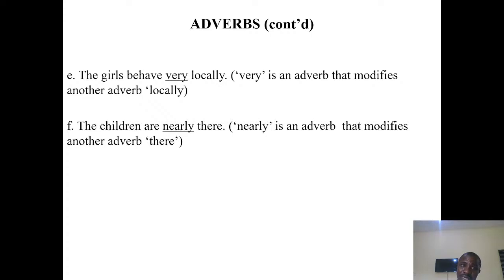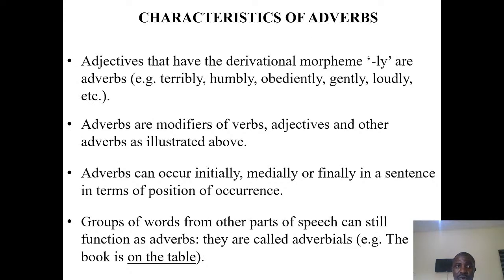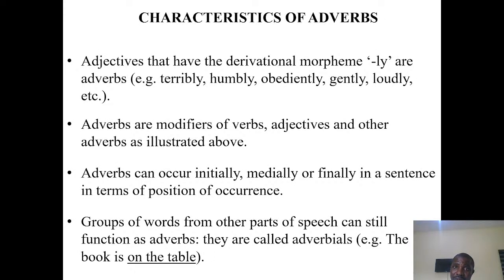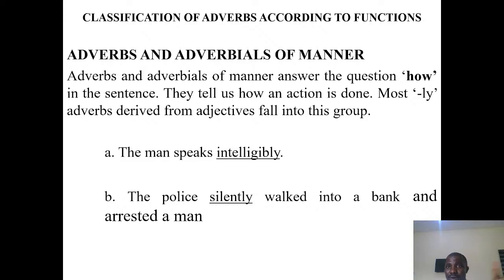Okay, that one is adjectival. So we can still have a classification of adverbs according to position, but here we are talking about according to function. Here is what the function of it is. We have adverb and adverbial of manner.